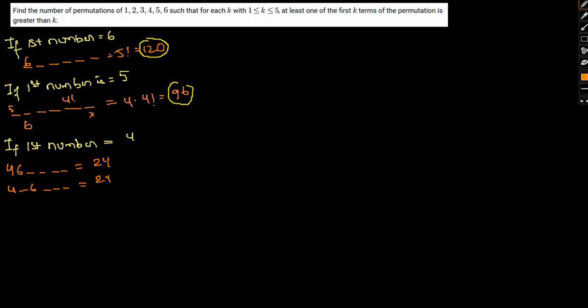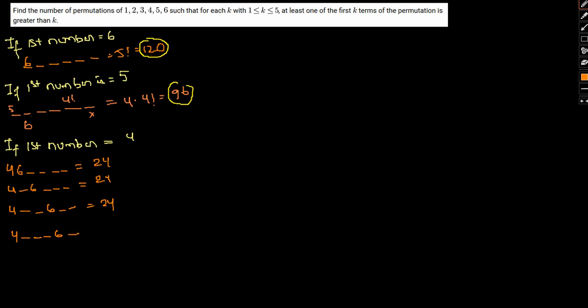Next one would be something like 4, dash, dash, 6. This one can be filled in 2 factorial ways and another 2 factorial ways, so again 24 ways. Another one will be 4, 6, with 5 in between.